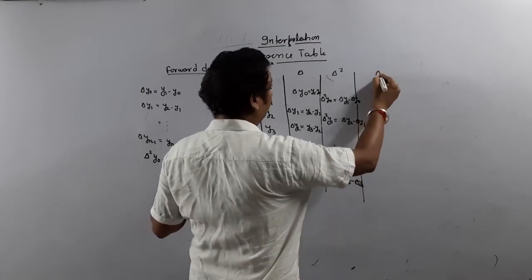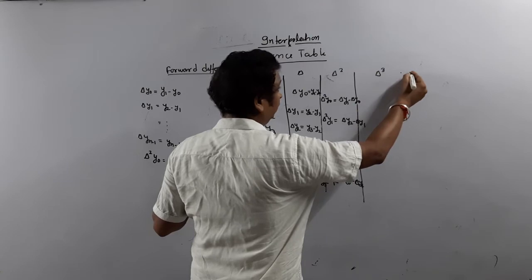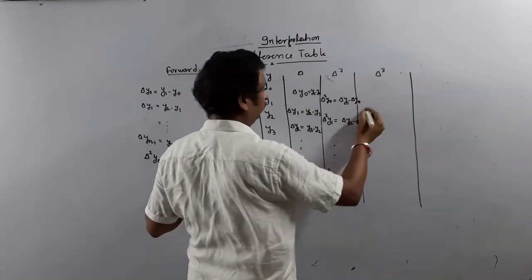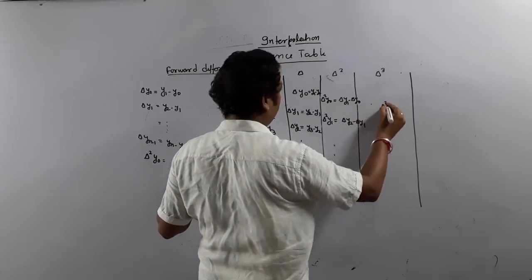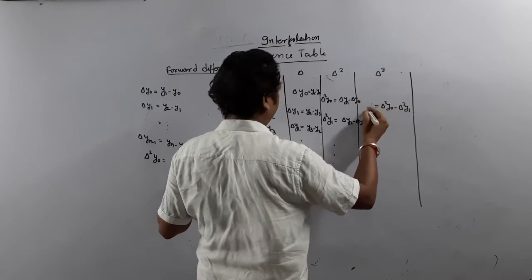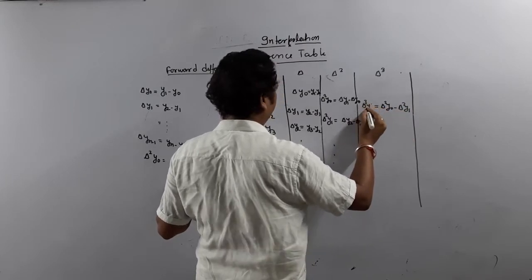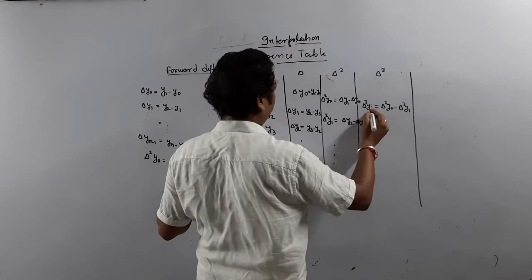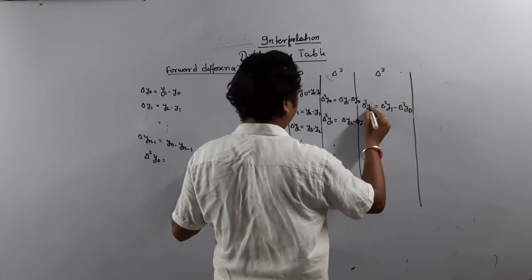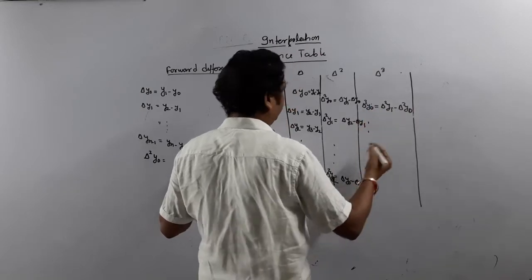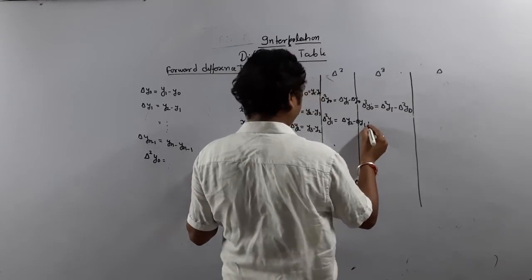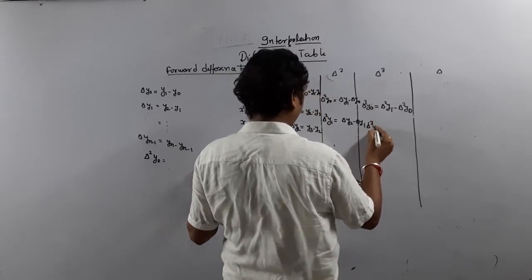Now we can go for del cube, meaning the third forward difference. It is the difference of these two, del square y1 minus del square y0, which gives del cube y0. What is del cube y1?